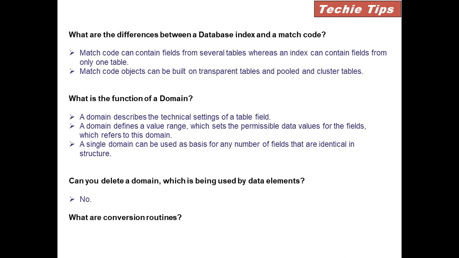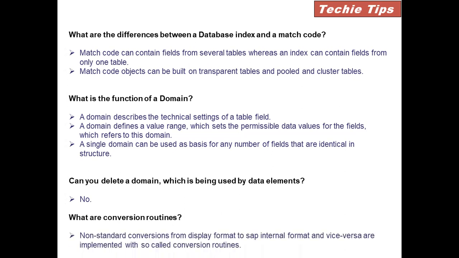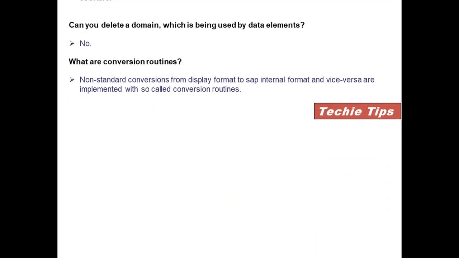What are conversion routines? Non-standard conversions from display formats to SAP internal format and vice versa are implemented with so-called conversion routines. If you consider the example of a material number, we will have an internal conversion format of 18 characters, but the displayed material number would be 8. So those are called conversion routines.